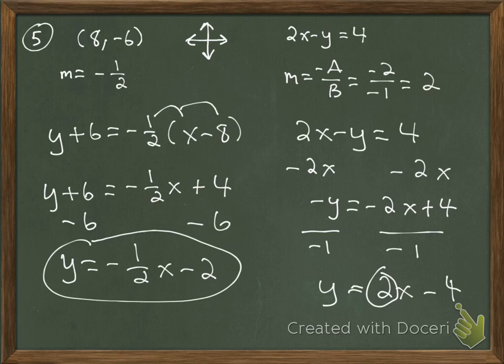All right. Last problem. Number 7. We're given the point (6, 1), and it is parallel to the line with the x-intercept of -3, y-intercept 5.